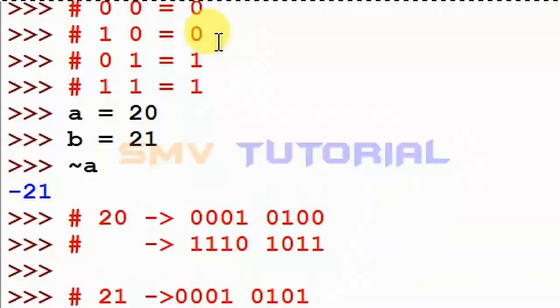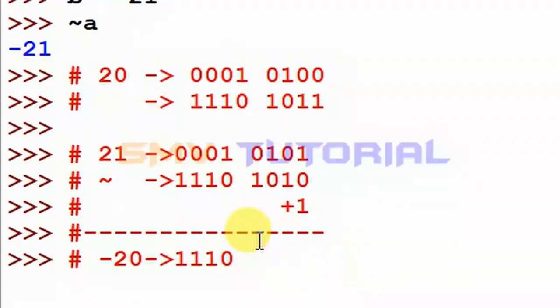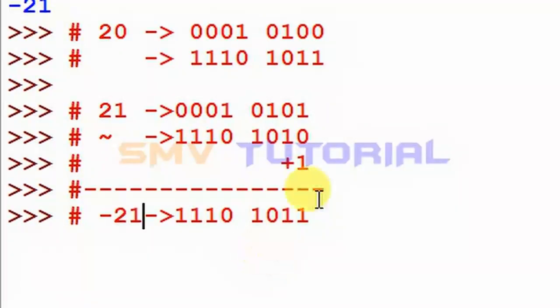This condition is satisfied for this calculation, and 0 1 is 1, and next one is 1 0, so 0, and next one is 0 1, so 1, and next one is 1 0, but plus 1 added finally, so that is 1. And check for this opposite of the 20 value, so minus 20, but this is minus 21 value.